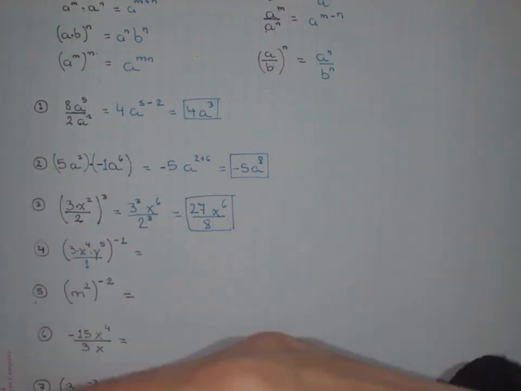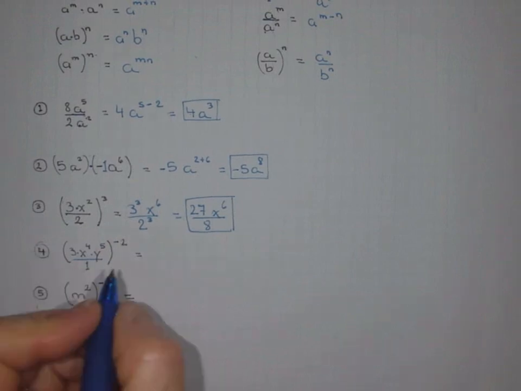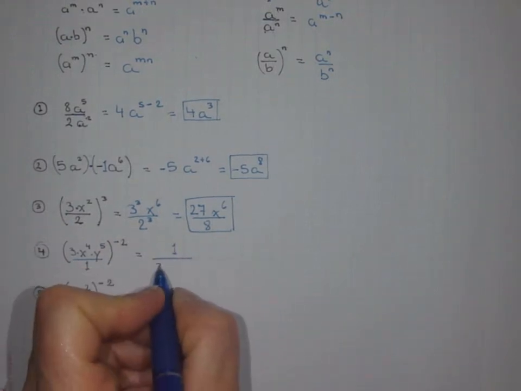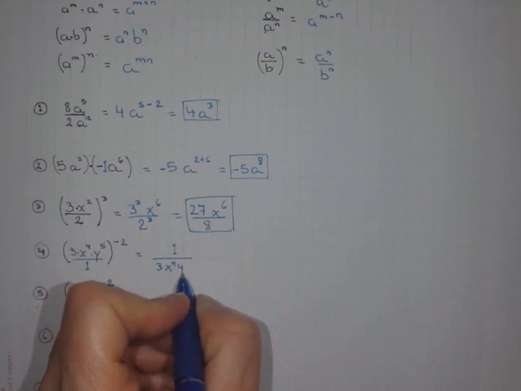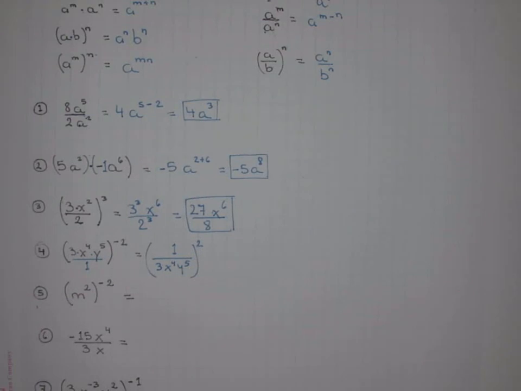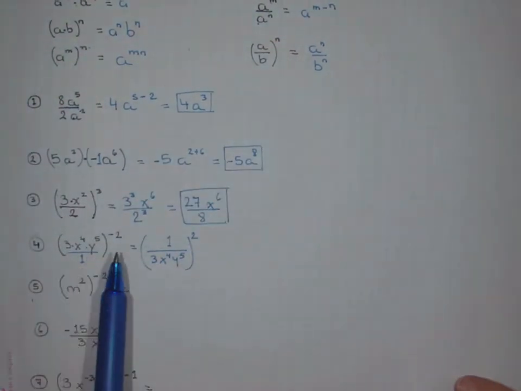Now I'm going to take it and flip all of that to make that a positive power of 2. So that will be 1 over 3 x to the 4th, y to the 5th. And that's now a positive power of 2 because I did the multiplicative inverse, right?